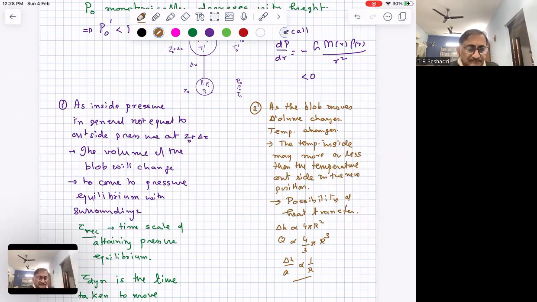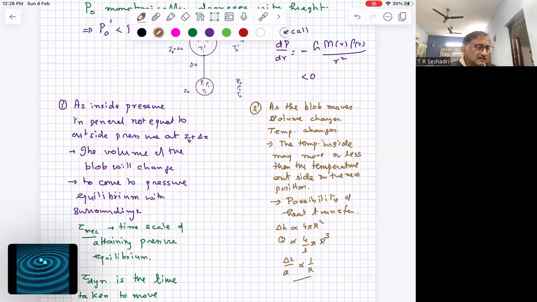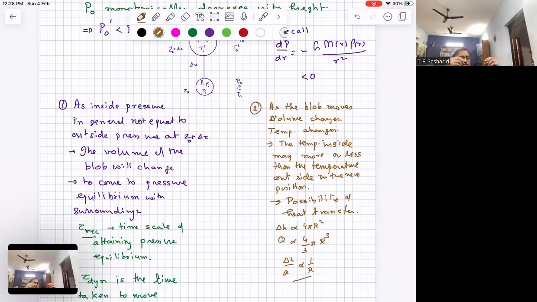Is this clear? I think it's better if you repeat it. See, suppose you take a piece of metal in the form of a wire, and another in the form of a solid sphere, both having the same mass. You heat both of them to the same temperature. Which one will cool faster?